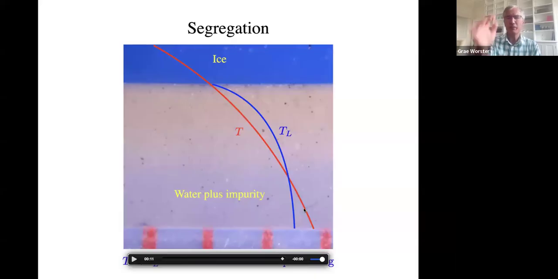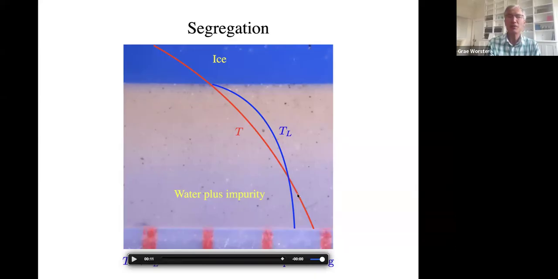We can superimpose on that a graph of the actual temperature, which I've shown in red. And now you see something very interesting happen. It happens because the diffusivity of salt is much, much smaller than the diffusivity of heat, which means that this impurity doesn't spread as far as the temperature spreads. The temperature is varying on a much larger length scale than the impurity.